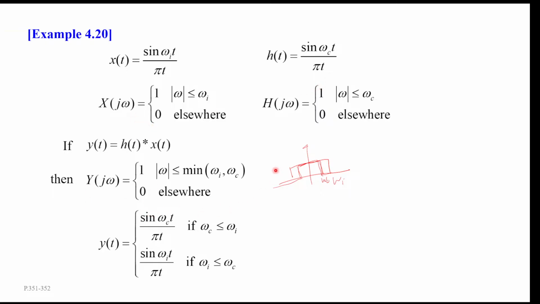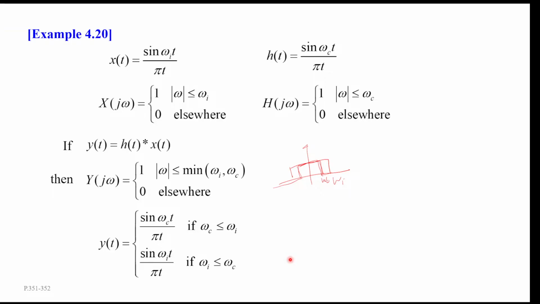Okay, and you can Fourier transform back, and because it is a block wave, you go back to a sinc function. But you have two different cases for your sinc function. If omega c is smaller, then your sinc function has omega c, and if omega I is smaller, then your sinc function has omega I. Okay, so this is an interesting example of our convolution property.